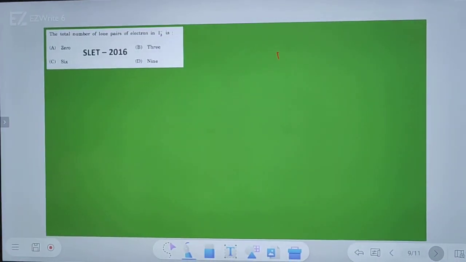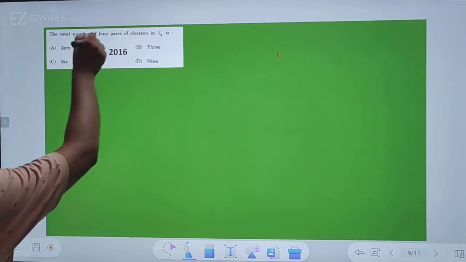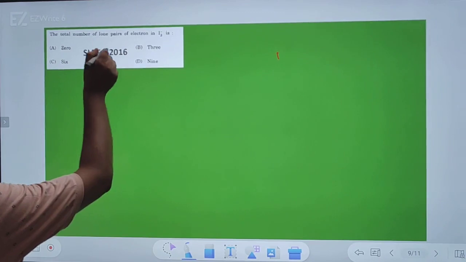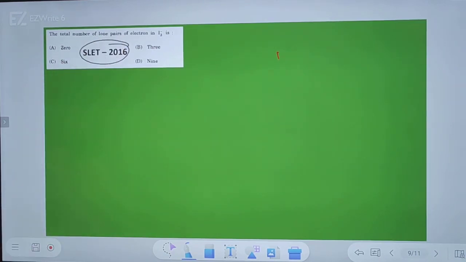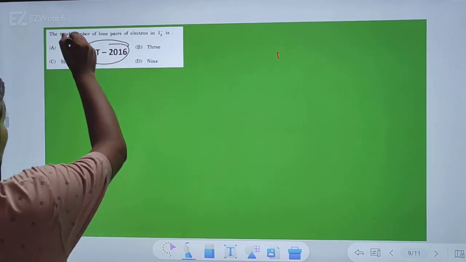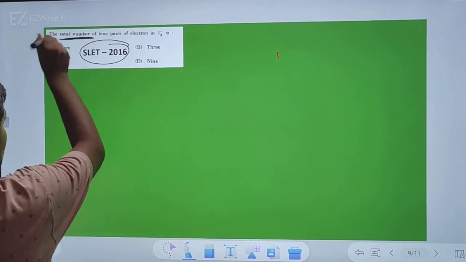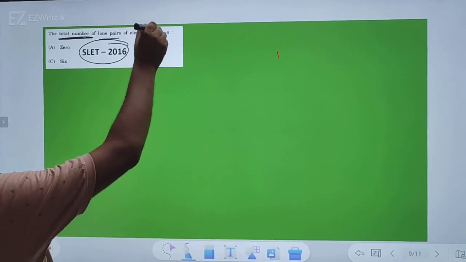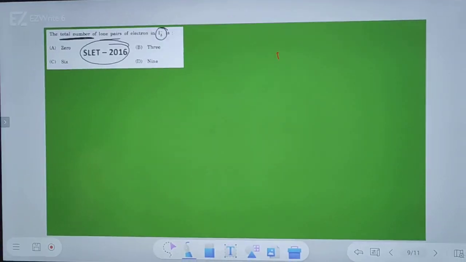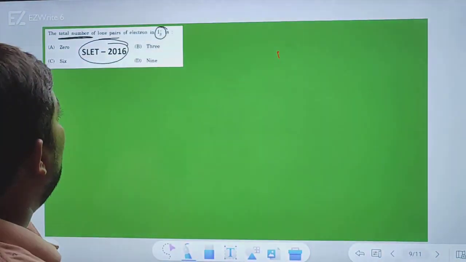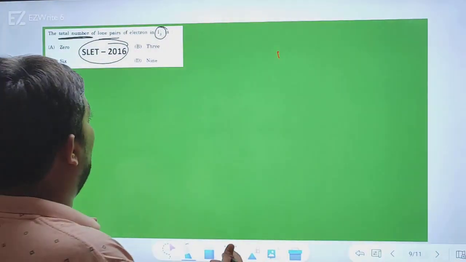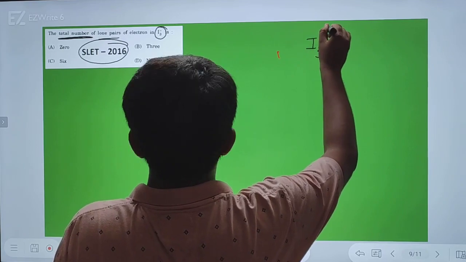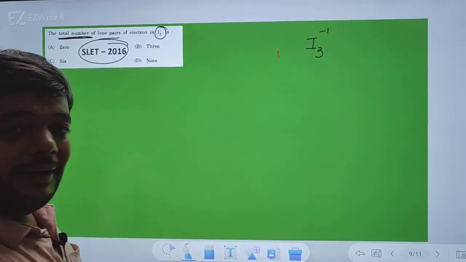The 9th one. Total number of lone pairs of electrons in I3 minus. Be very clear, people make mistakes. They will just go with a formula that is available from many people on the net, including me. I3 to the power minus 1.